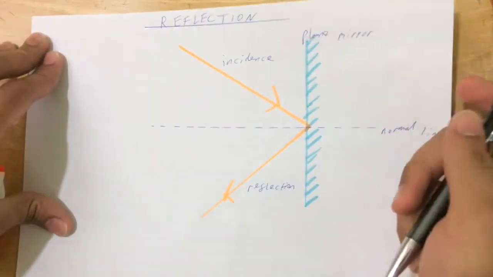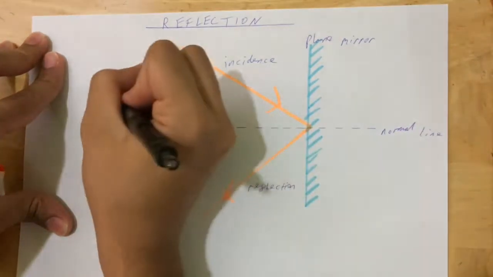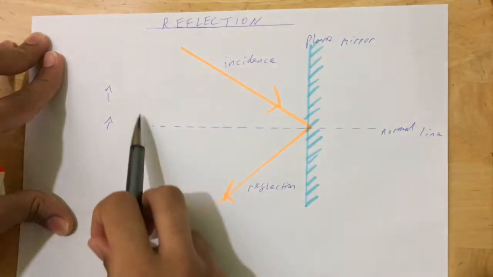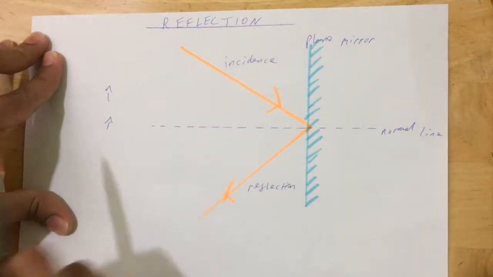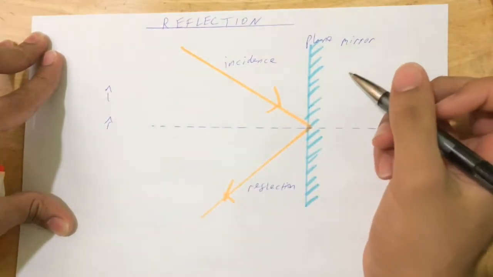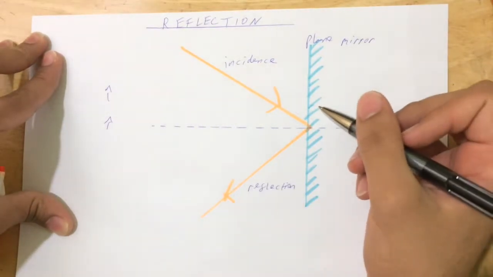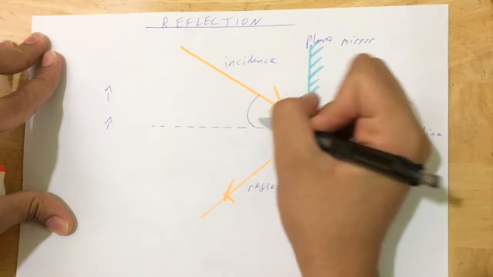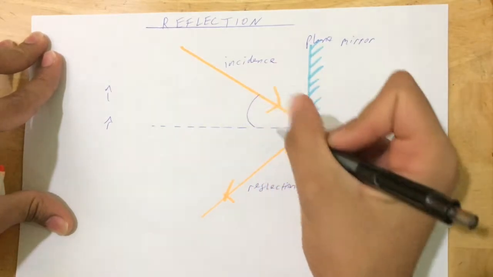And in the exam, they might ask you about the angle of incidence or the angle of reflection, represented by this and this. How do you measure the angle of incidence and the angle of reflection? Well, it is between the ray and the normal, always between the ray and the normal.